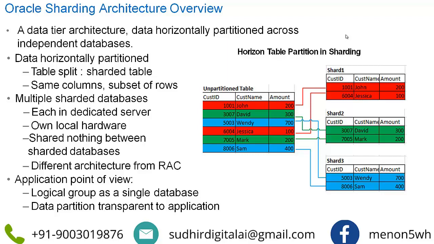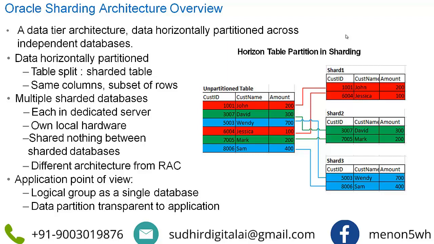Okay, this is horizontal table partition in sharding. So data is horizontally split across the sharded table, same columns, subset of rows. Please understand, very simple, right? So customer ID, customer name, amount will not change, but the rows have changed.